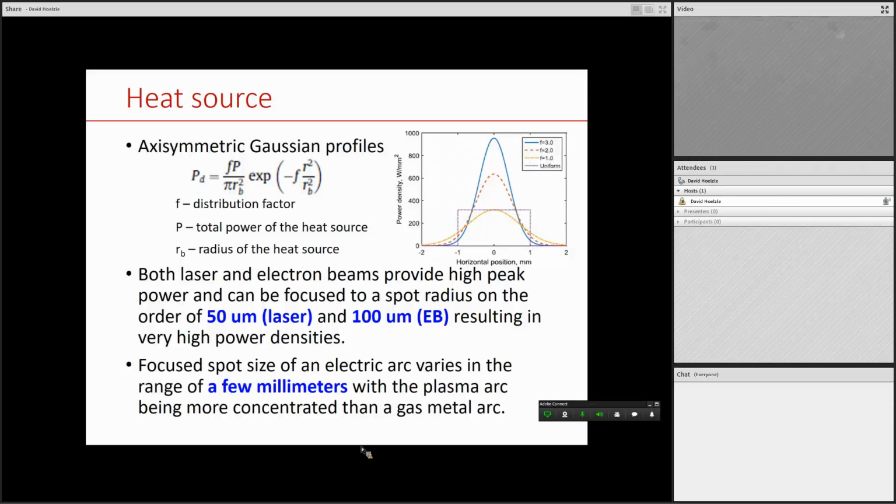Probably is one reason. And for the electric arc, the focus spot size varies in the range of a few millimeters, which is definitely higher than the laser or electron beam. Larger, I should say.